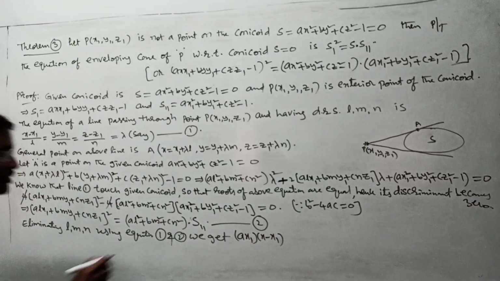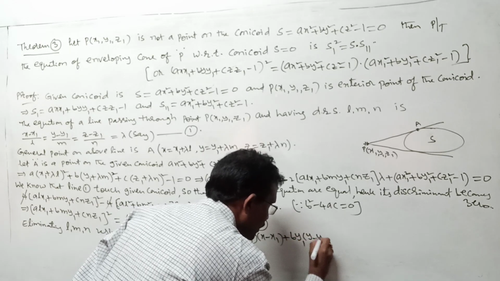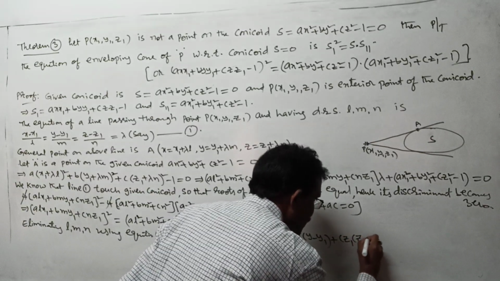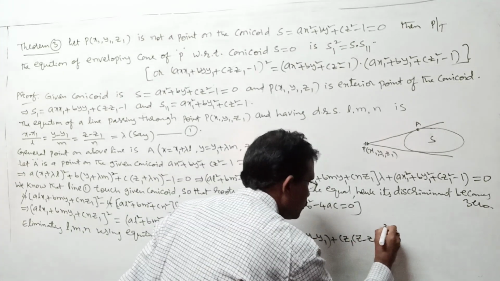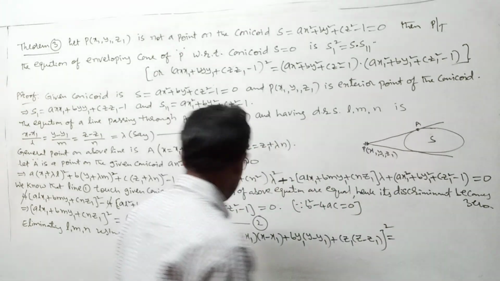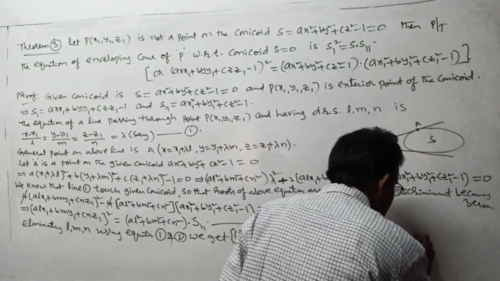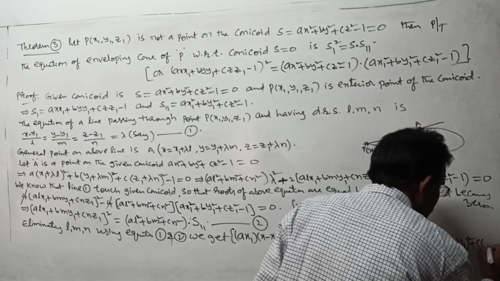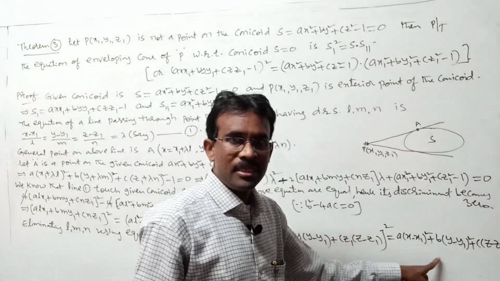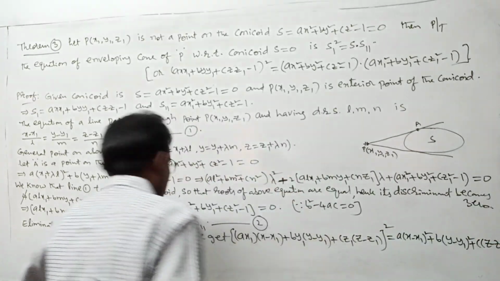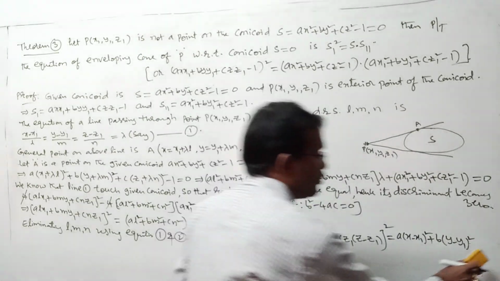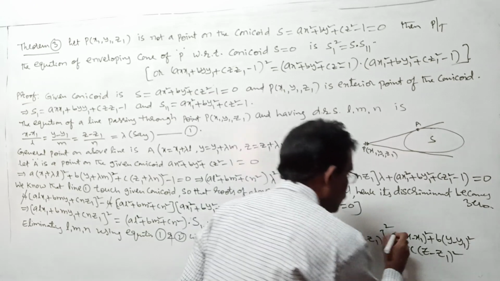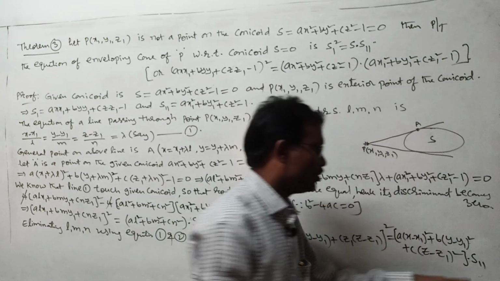Ax1 into L is x minus x1, plus by1 into y minus y1, plus cz1 into z minus z1, whole square, is equal to a into L is what? a into x minus x1 whole square plus b into y minus y1 whole square plus c into z minus z1 whole square, whole into S11.